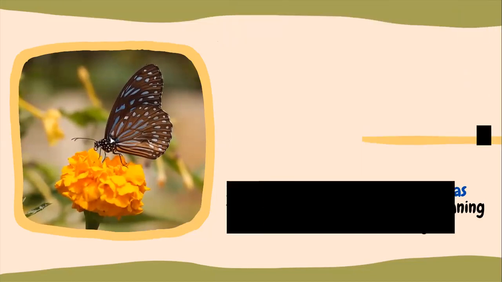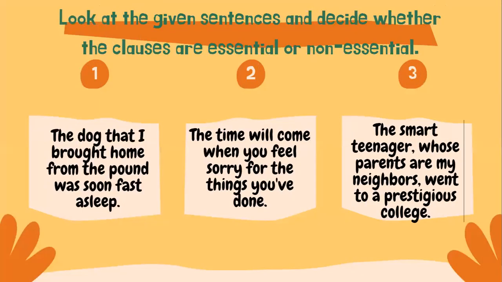Now that brings us to the two types of adjective clauses. Have a look at the given sentences and decide whether the clauses are essential or non-essential. Essential means necessary and non-essential means optional.